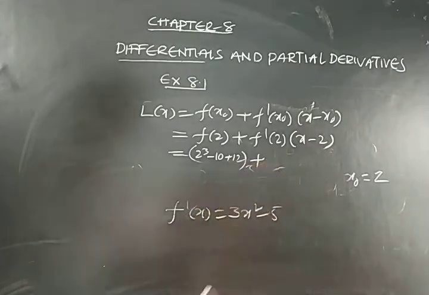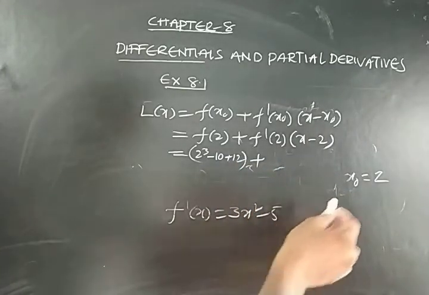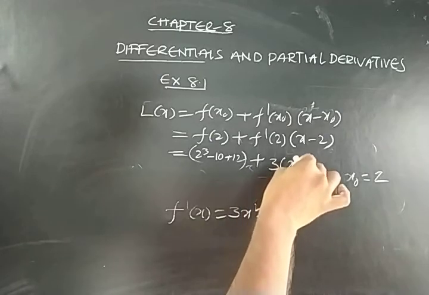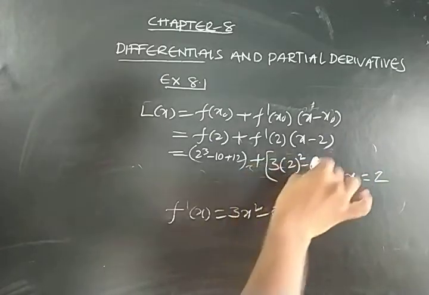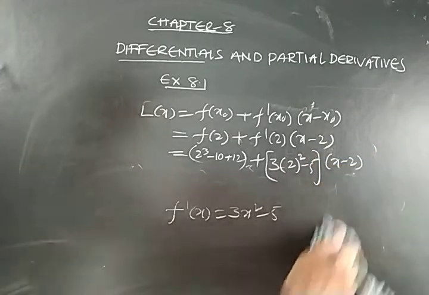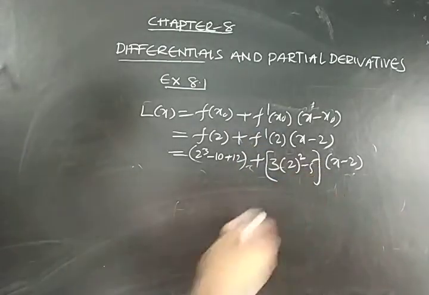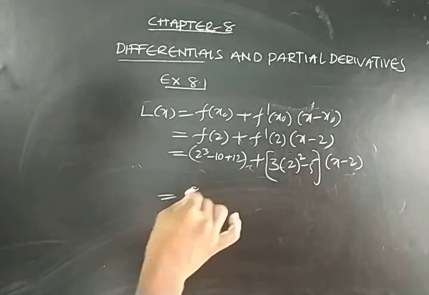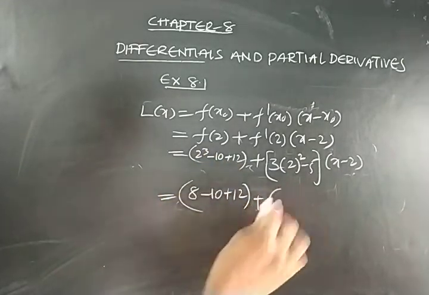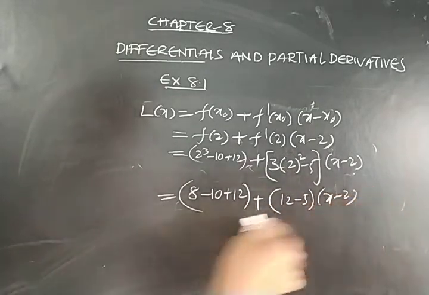So f dash of 2. In the derivative, in place of x naught, I am going to substitute 2. So it will be 3 into 2 square minus 5, into x minus 2. By simplifying, what you will get? 8 minus 10 plus 12, plus here 3 into 4 is 12, 12 minus 5, into x minus 2.